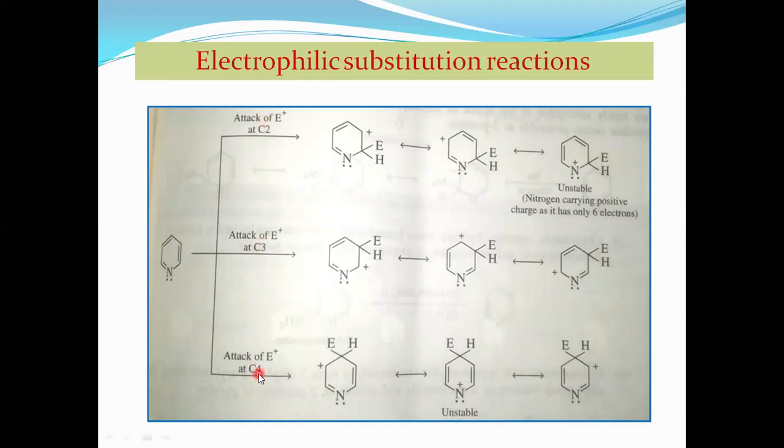and C4. When the electrophile attacks the C2 of the pyridine, this is the C2 position, we can get three resonance contributing structures. Attack at C3 also gives three contributing structures, and the attack at C4, this is the fourth position, also gives three contributing resonance stabilized structures.